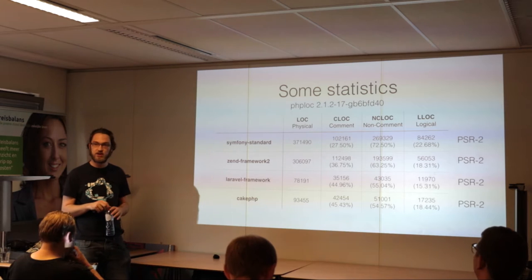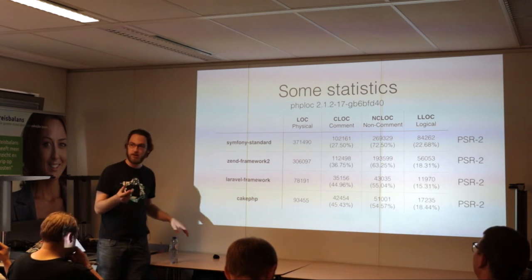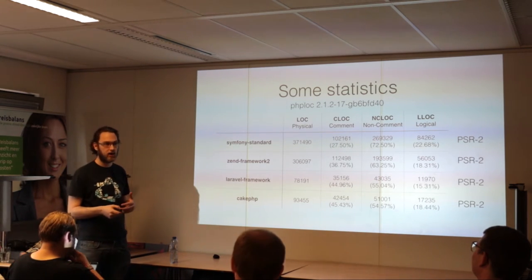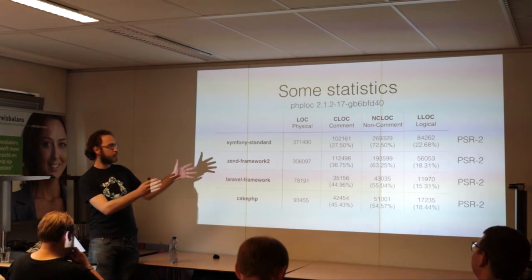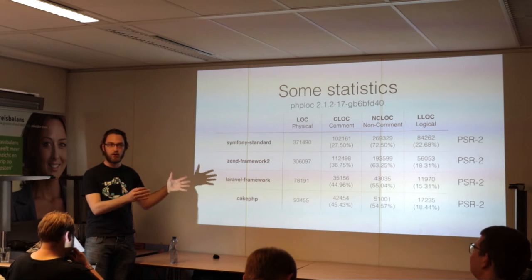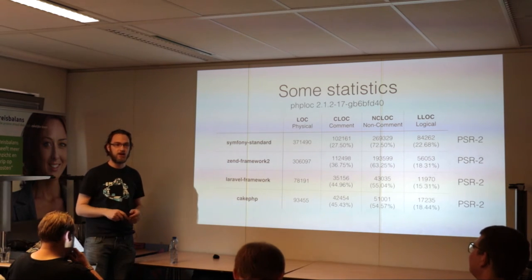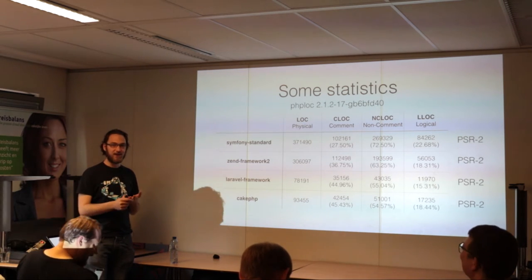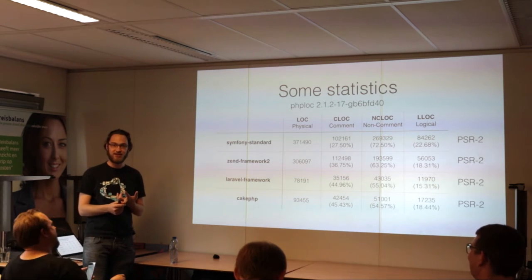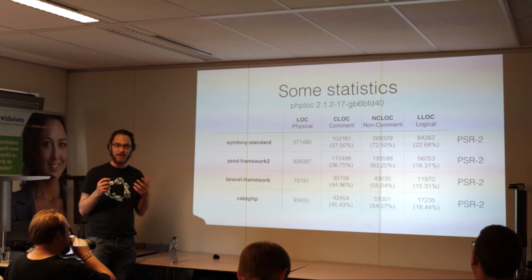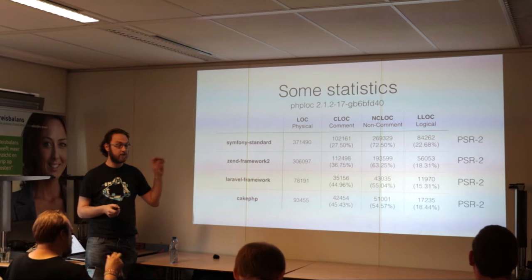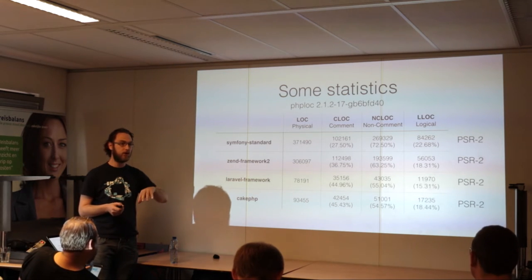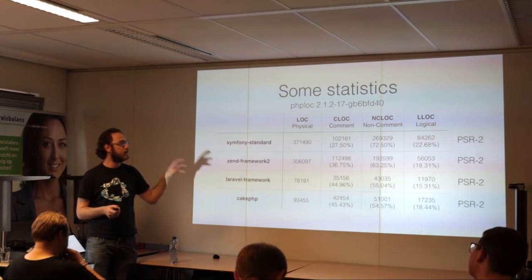It doesn't necessarily say anything per se, because it really depends on how well you know your code environment. If 80% of your lines are comments, that can mean two things: either it's extremely well documented, or it's extremely complex and needs the documentation. So it really depends on the application what these numbers say. Nevertheless, if you know your application well enough, they can mean a lot to you.